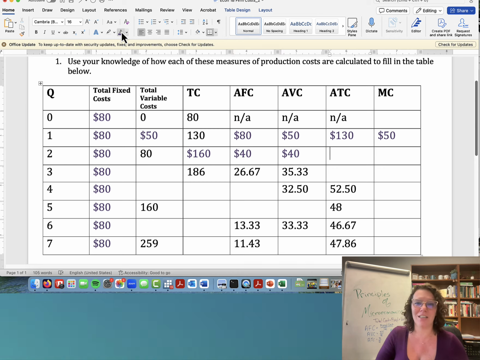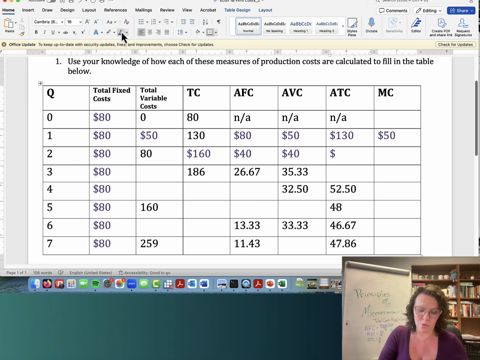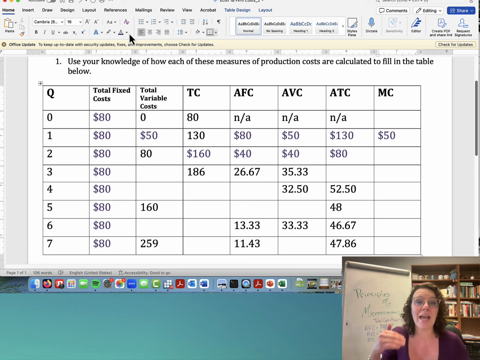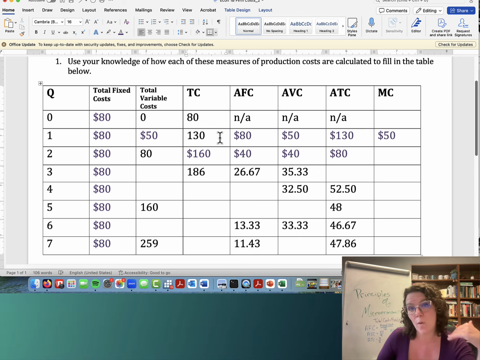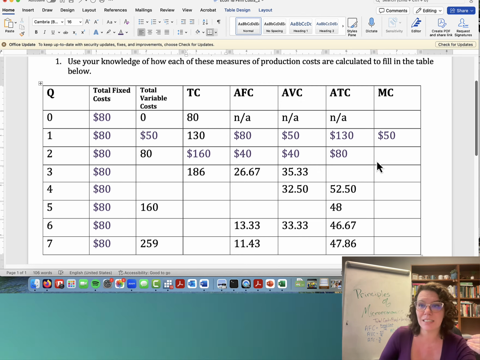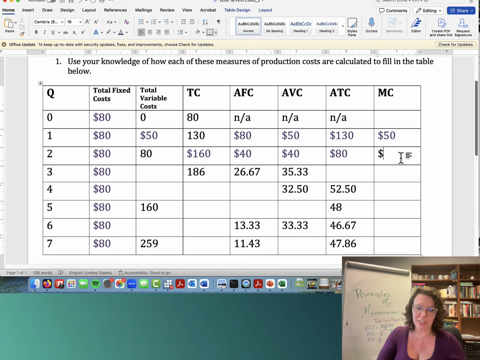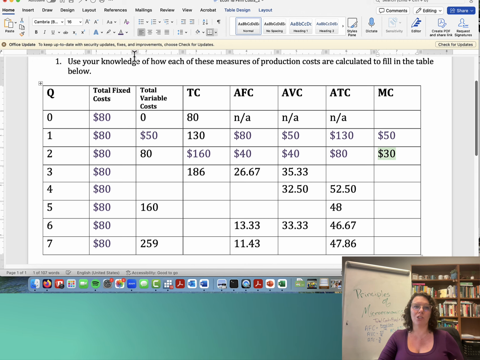And then average total cost is 160 divided by 2, or $80. Now for marginal cost, we're going from a quantity of 1 to a quantity of 2, and a total cost of 130 to a total cost of 160. So our marginal cost is actually only changing by $30. That would be our next marginal cost point.